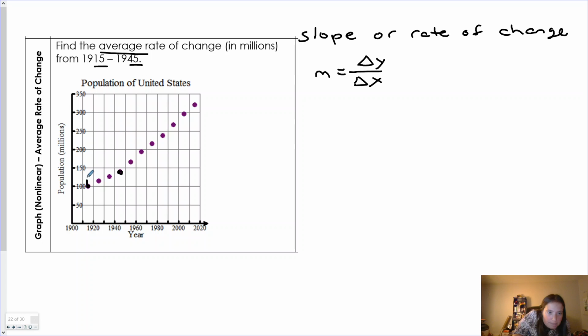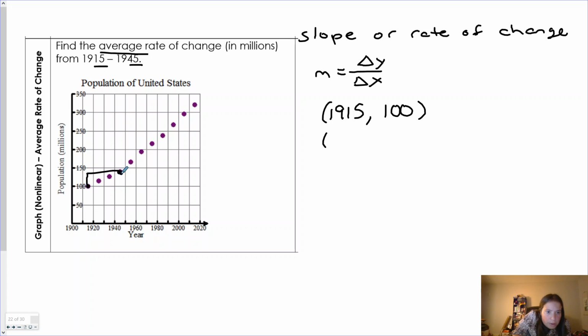And again, we can look at our rise over run, our change in y over change in x. But because it's hard to tell, I'm going to write out the points. 1915, comma, we're at 100. It says in millions, but we read the scale, it's 100. We know that means 100 million.